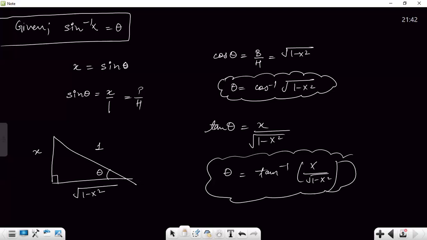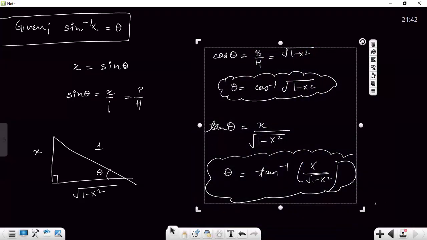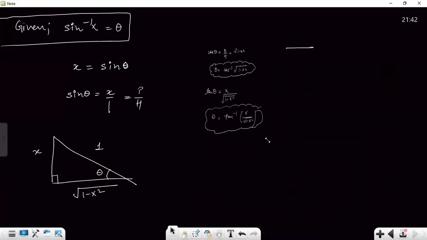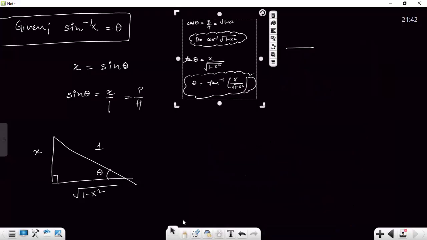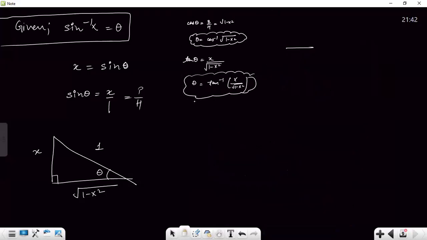Similarly, we can do the same for cosec and sec. Let us do it. What is cosec theta? It is basically 1 by sine theta, so it becomes 1 by x. So theta becomes cosec inverse of 1 by x.